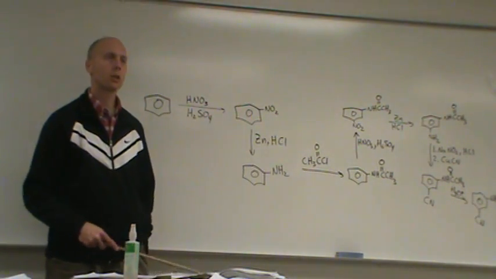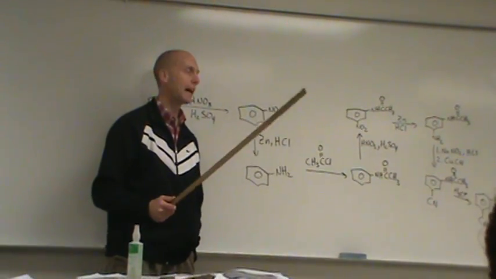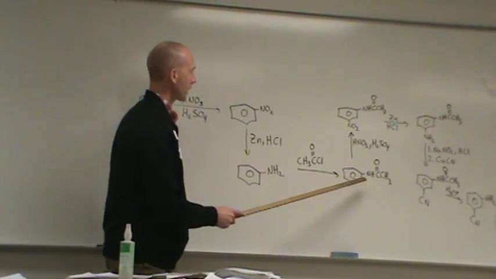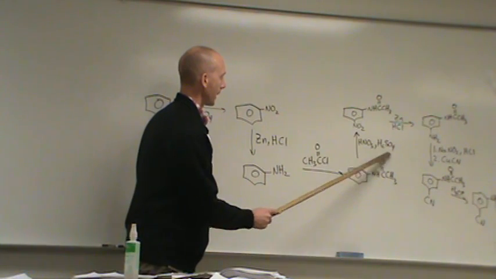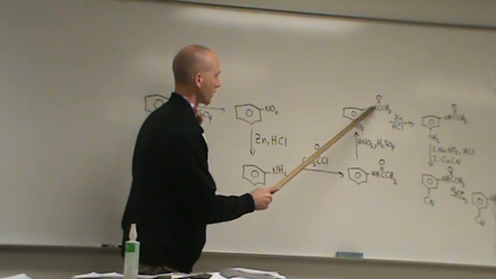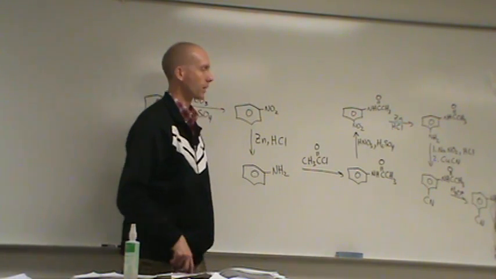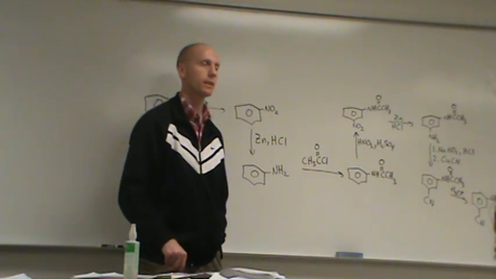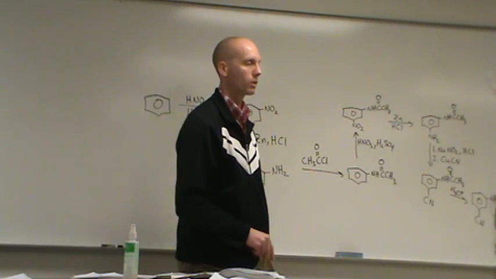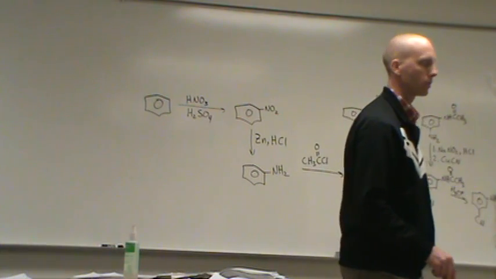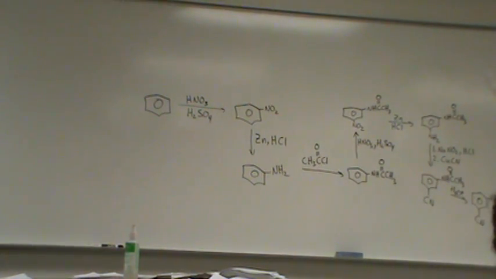Okay? So I'm just showing you the power of that blocking group when I acylate, so I can continue to do other chemistry on there. Okay? So if you want to write that down, just to show you how you can block one amine group and why that might be helpful.